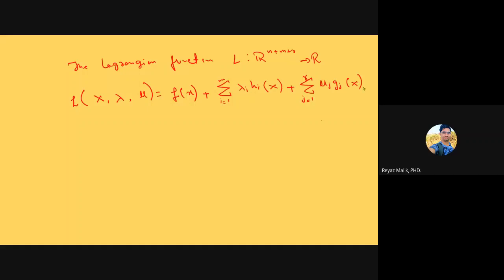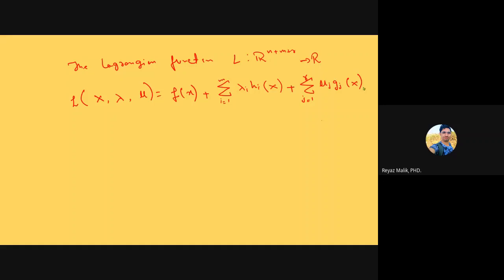The functional form of the Lagrangian multiplier when we include both equality as well as inequality constraints. So that will be written as this. By definition, it will be written as this. Correct? No problem in it.